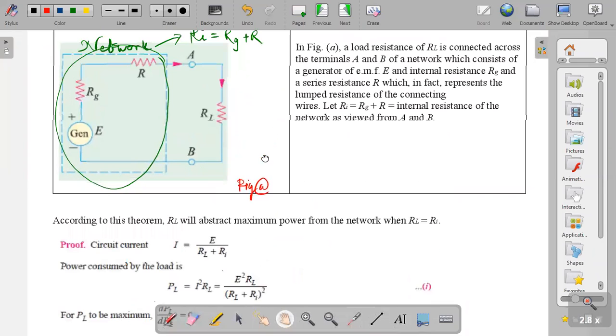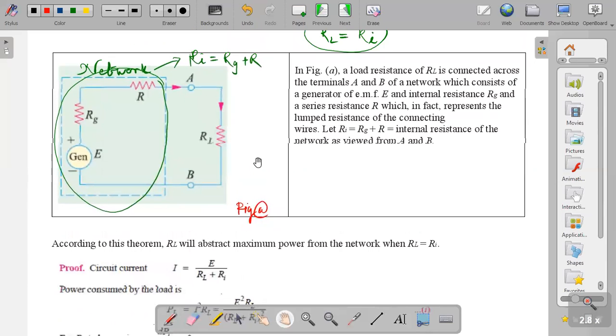Therefore, what is the current through the circuit? Current I will flow through this circuit. By Ohm's law, we know that V equals IR.